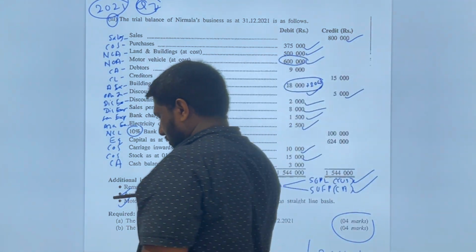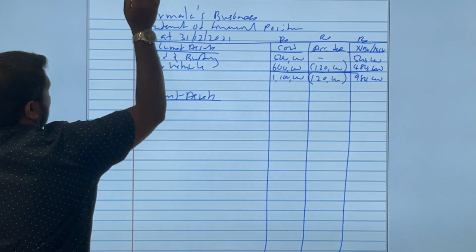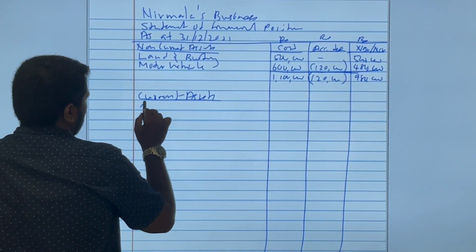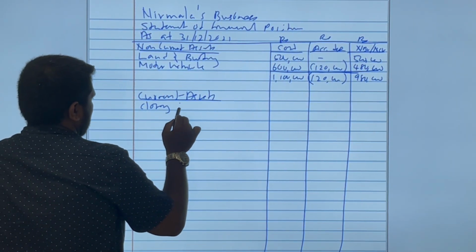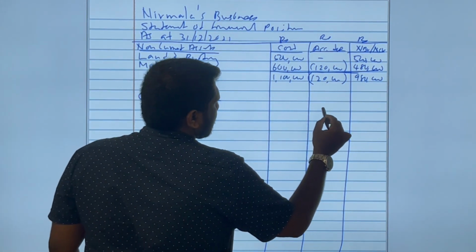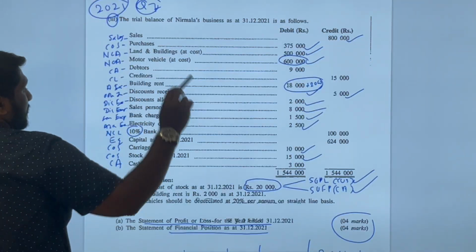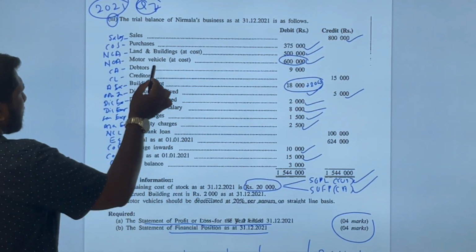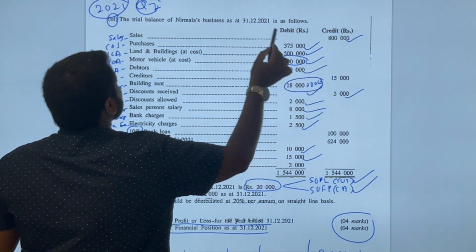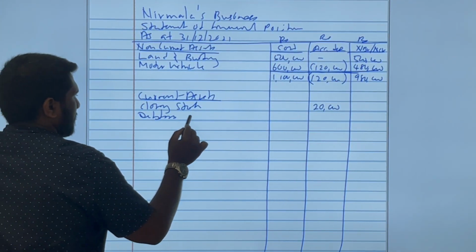Closing stock, 20,000. Then debtors, 9,000.